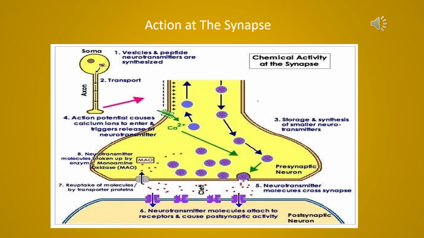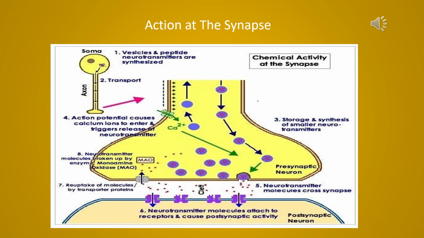Well, at first glance, this illustration might appear to be too busy and too complicated and too detailed. Actually, it isn't. It's simply a repeat of things that I have already said several times over. So all we're talking about here is the release of a neurotransmitter into the synaptic cleft and the binding of the neurotransmitter to the receptors on the postsynaptic neuron or on the target tissue.